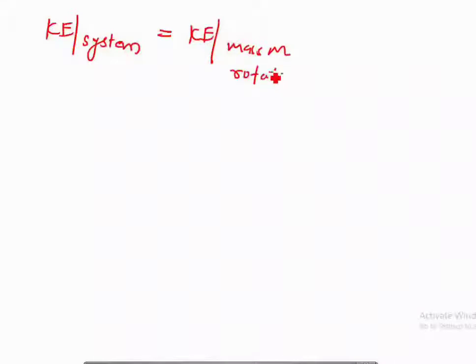First of all, you have to find the total kinetic energy of the system. The total kinetic energy is the rotational kinetic energy of mass m, because the mass is rotating by angle theta when we give a small displacement x, plus the translational kinetic energy of mass m.